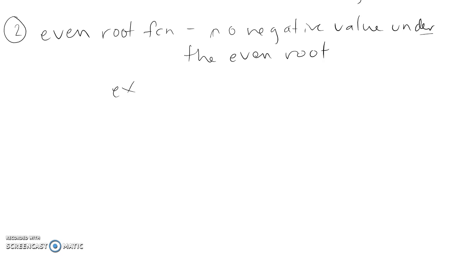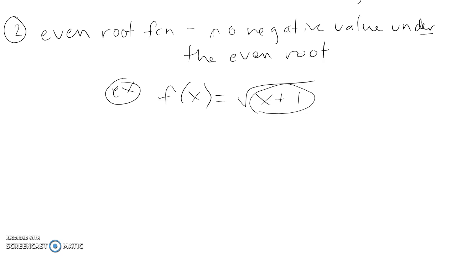So let's take a look at an example of this. If we think of f of x equals the square root of x plus 1, what we call the radicand, which is the number underneath the radical, can never be negative. It can equal 0 because the square root of 0 is 0.